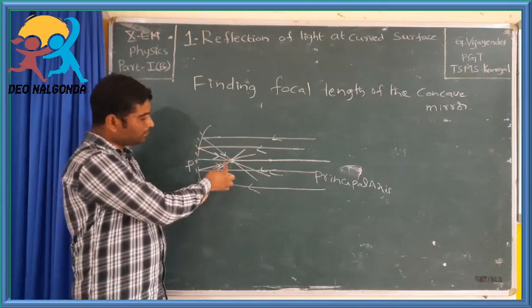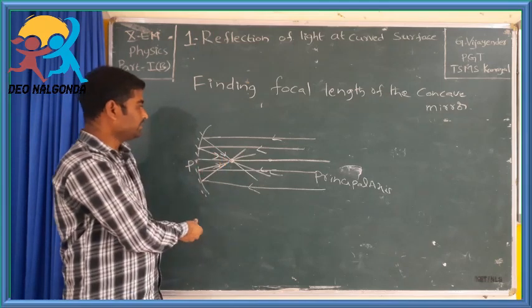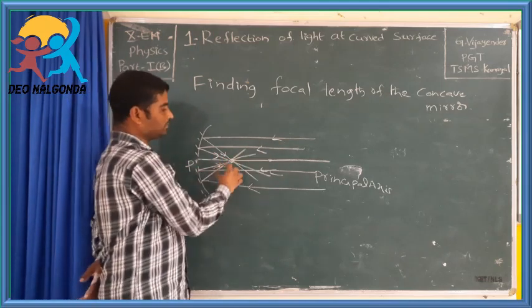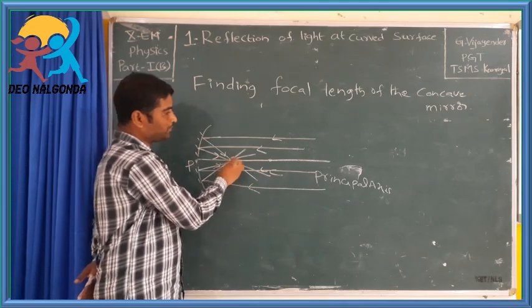This intersecting point of all these reflected rays: when the incident rays are parallel to the principal axis, then the reflected rays are converging at a point on the principal axis.